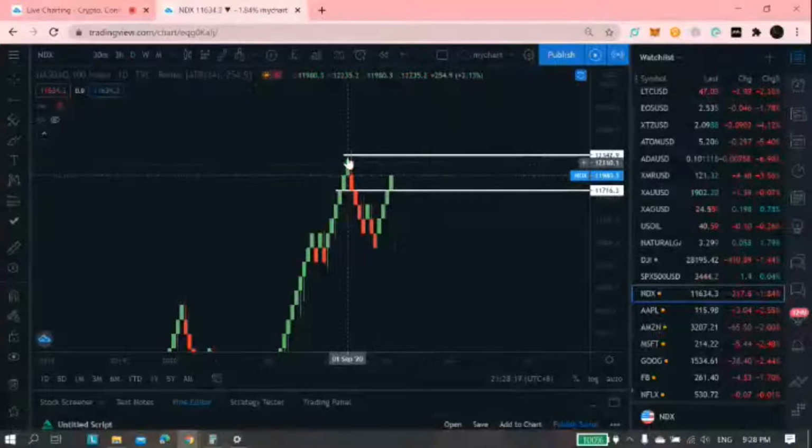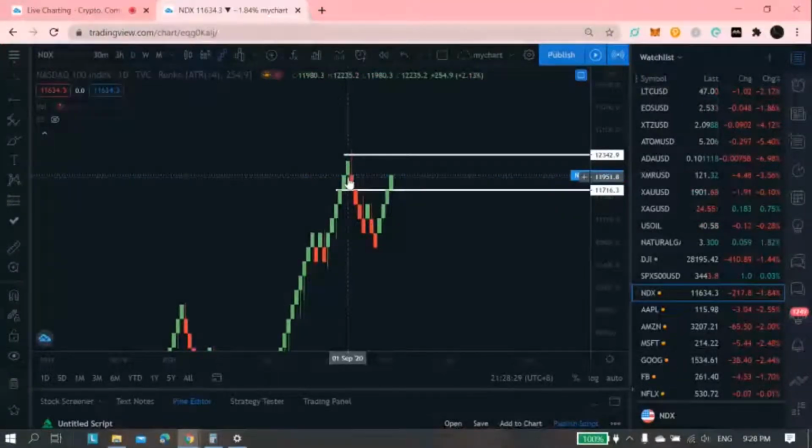So if it breaks this area, another plus 250 points from 12,235, so that's actually around 12,500, the next possible resistance.